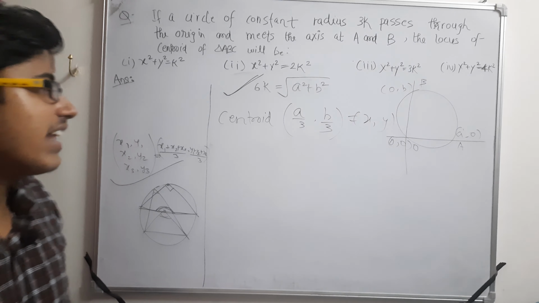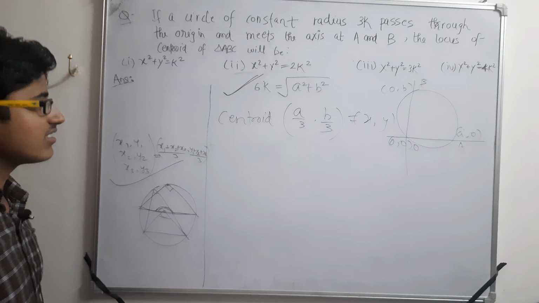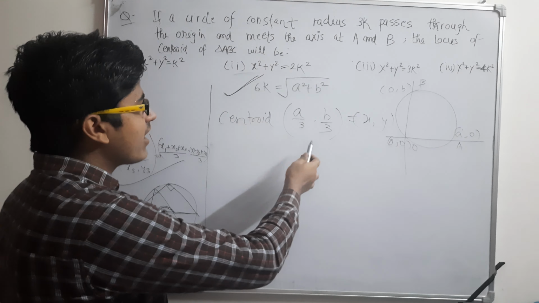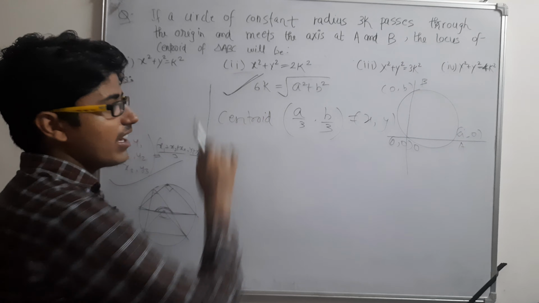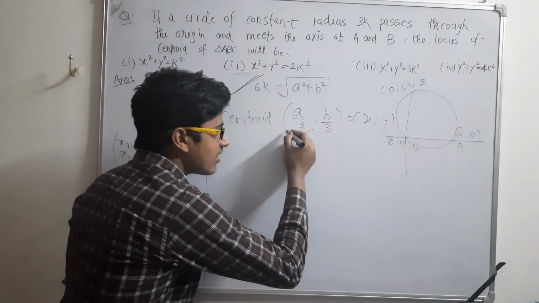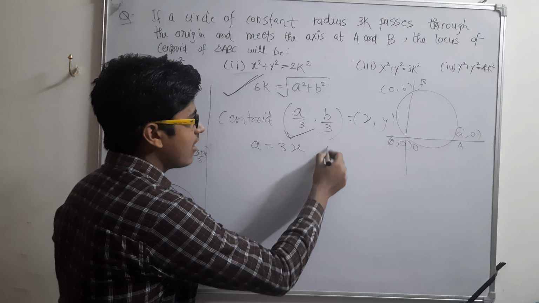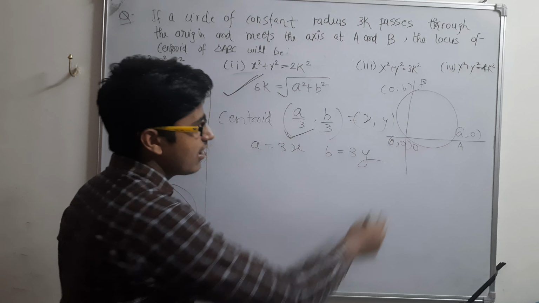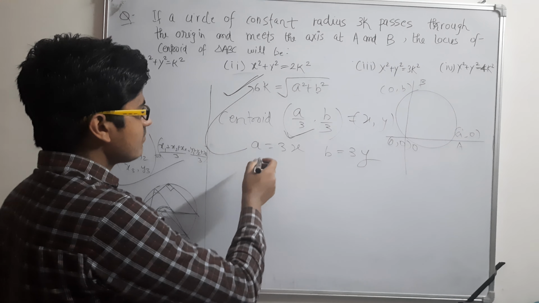So we can directly write this as x and y, and whatever relation we get will be our answer. So now we have a relation between x, y and a, b, and a relation between a, b and k. So just substitute the values of a and b. What did we get? a equals 3x and b equals 3y. Just put it here.